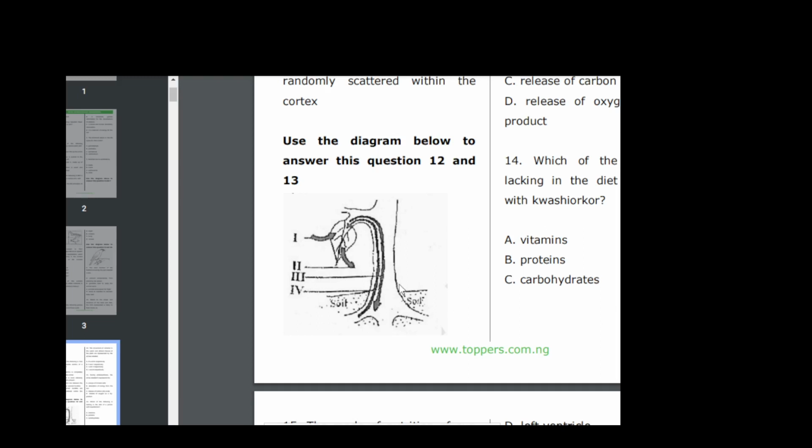Now, I think this is talking about the transport system in plants.